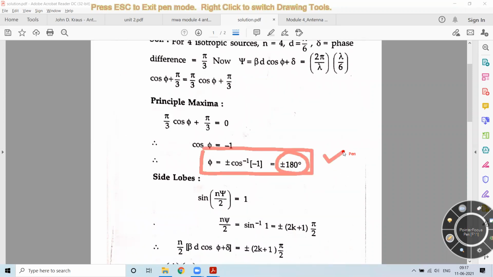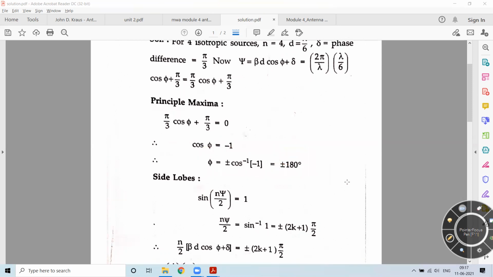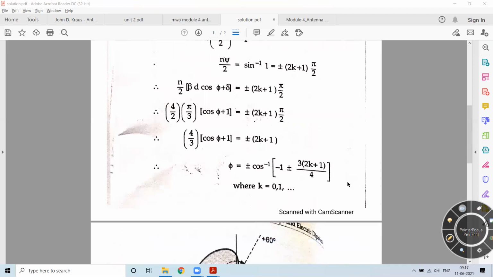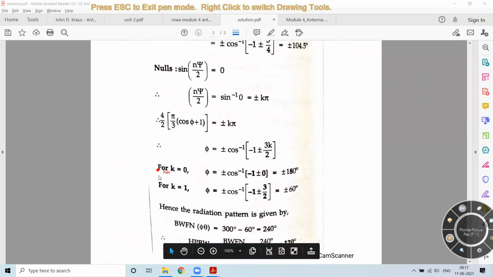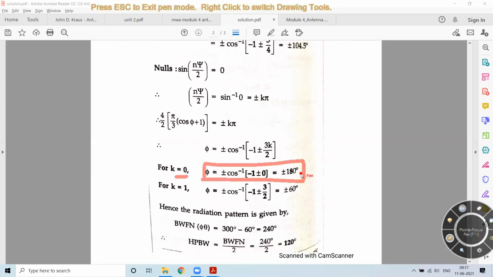So first preference, you give it to the maxima. If maxima is present along plus minus 180 degrees, then it is implied that no other condition will be satisfied in that direction. Here you can observe that for k equal to 0, we have obtained this direction of minima, but in this direction, maxima is present.